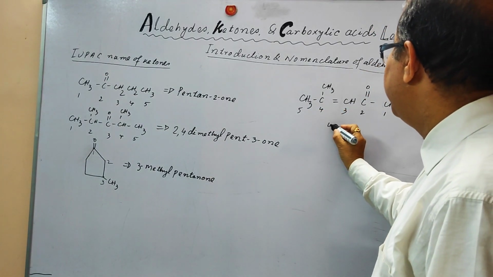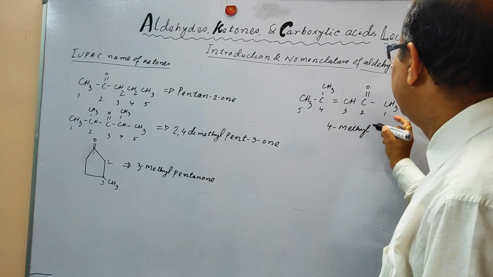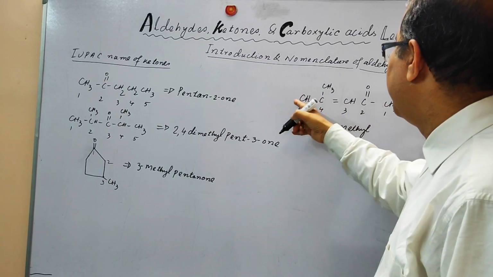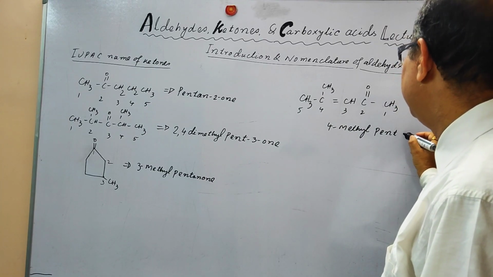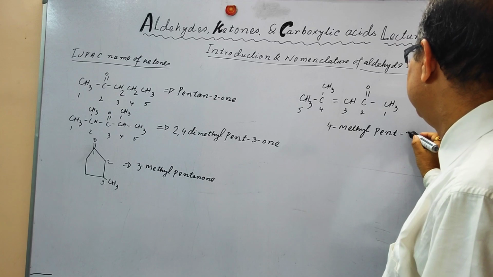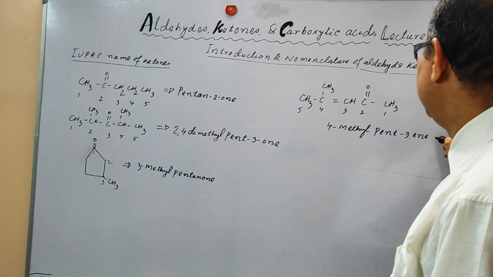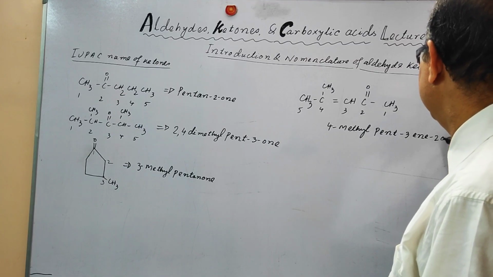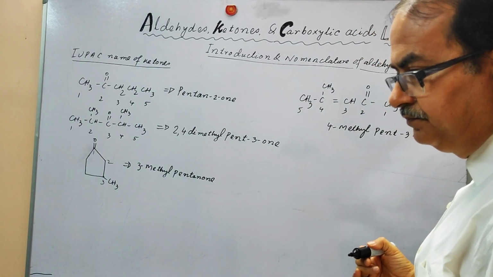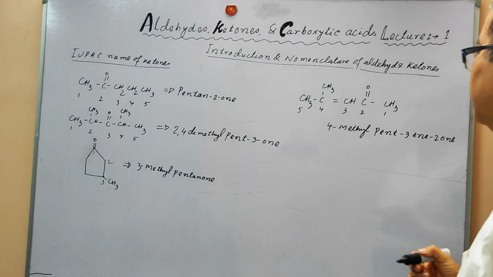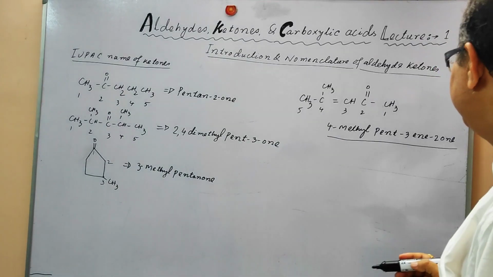So here you can write 4-methyl, 1, 2, 3, 4, 5, pent-3-en-2-one. Right? So this will be 4-methylpent-3-en-2-one.